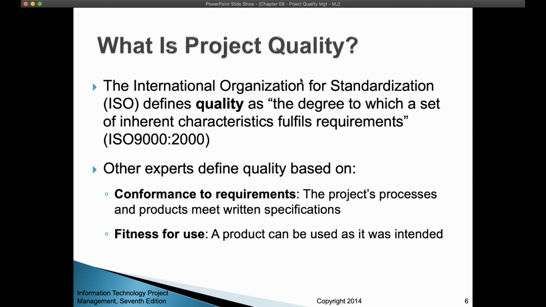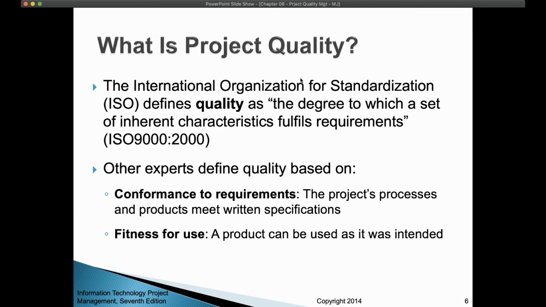There are many standards there. So this organization defines quality as the degree to which a set of inherent characteristics fulfill requirements. There are some requirements. If you fulfill them, then you are considered a quality product or a quality process if you have a process. This is one way of looking at quality.